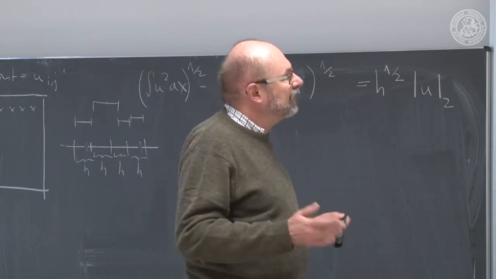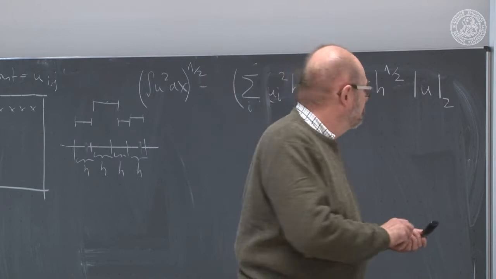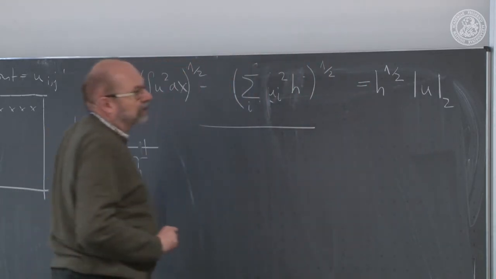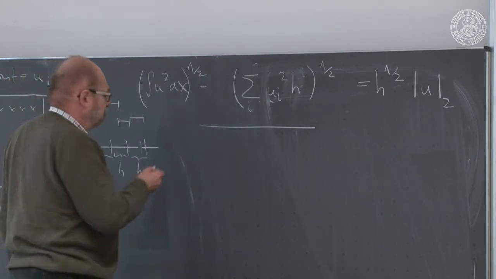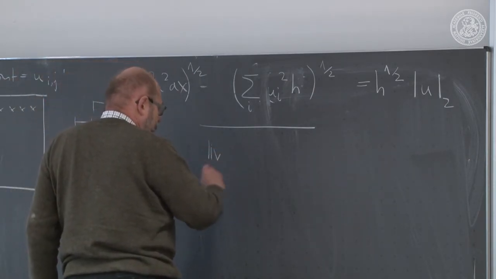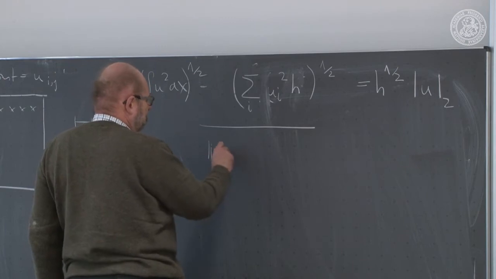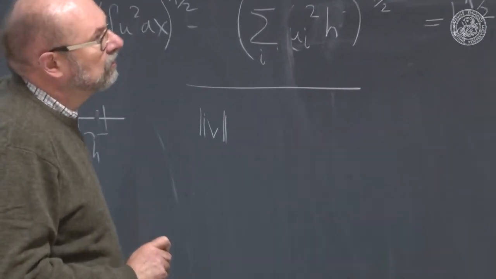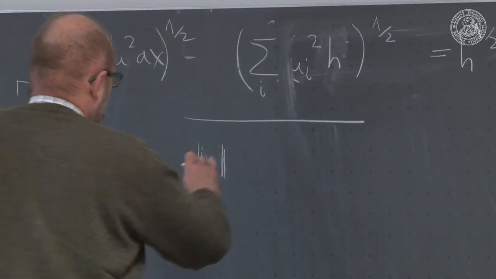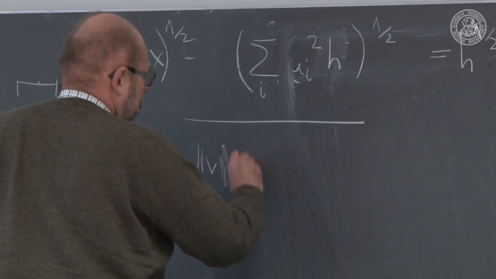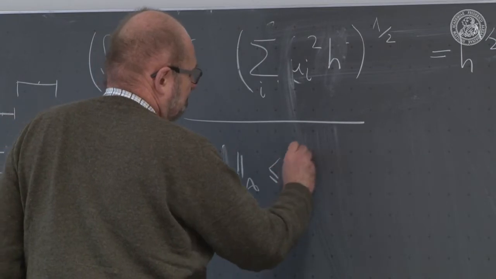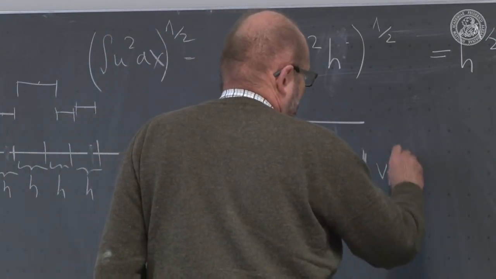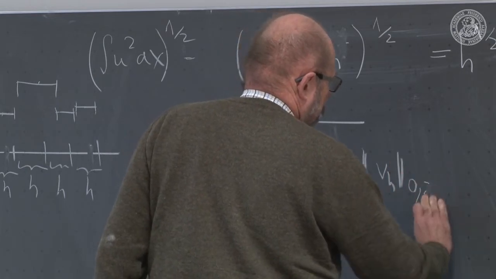Of course, what is possible? Because these are finite dimensional spaces, we can estimate the infinity norm by a constant times the discrete L2 norm.